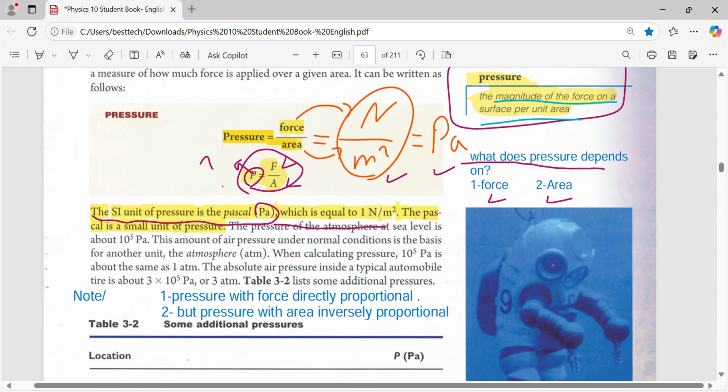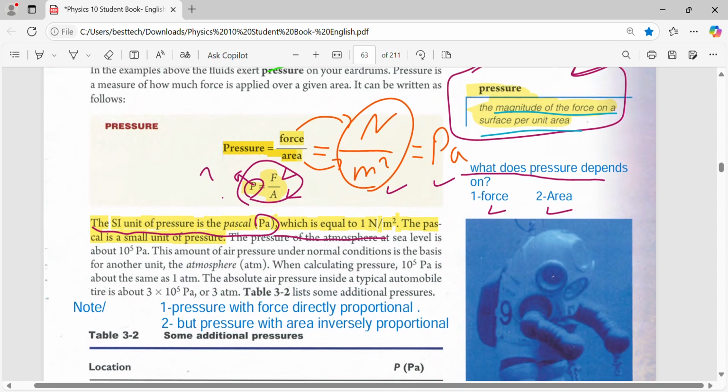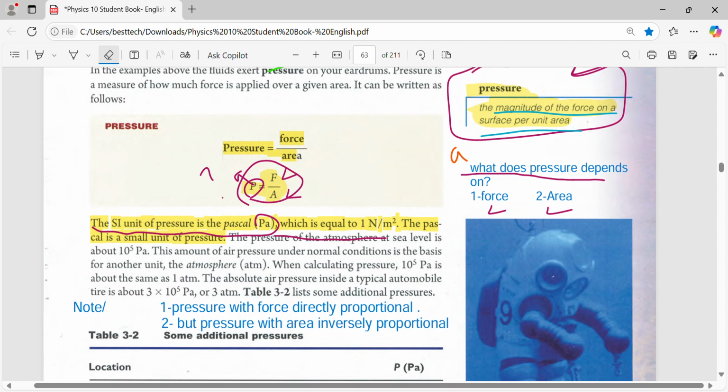One thing that's left: the relation between force and area, and pressure with force, how they change with each other. Look, pressure is equal to force over area.